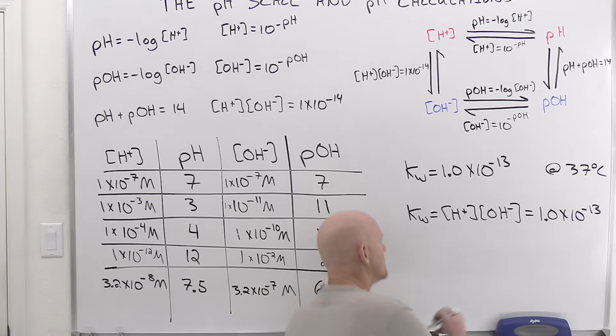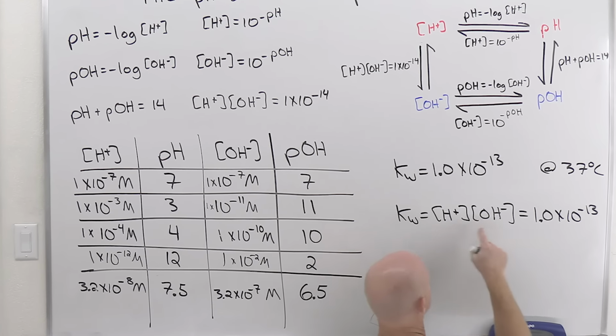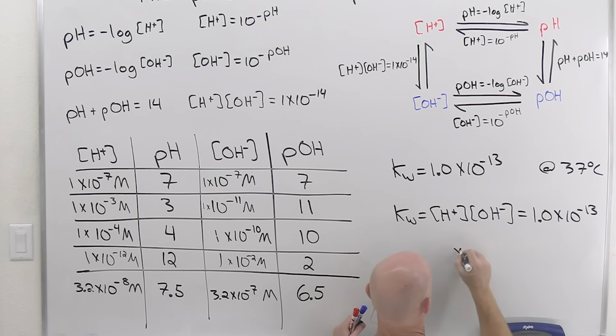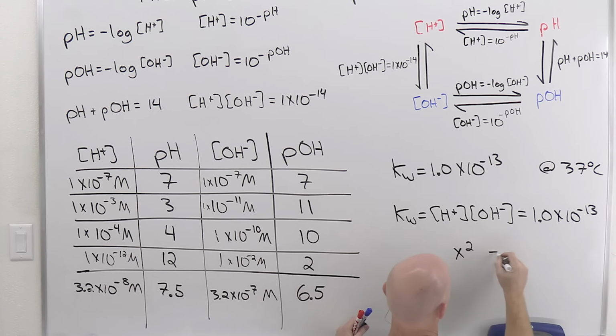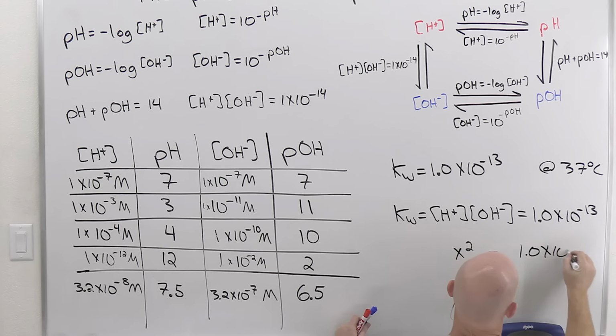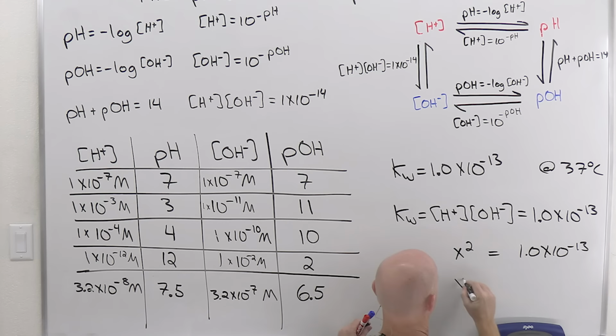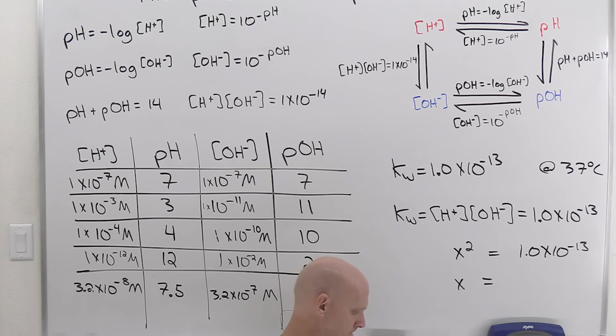And so what we do is, again, in pure water, these are still going to be equal. And so x times x essentially is going to equal 1.0 times 10 to the negative 13. And x is going to equal the square root of that. So we'll take the square root of 1 times 10 to the negative 13 and get 3.2 times 10 to the negative 7.